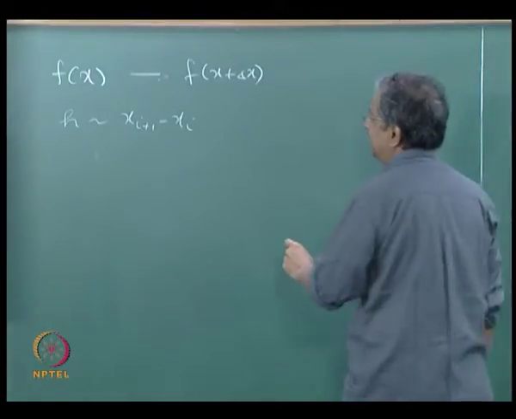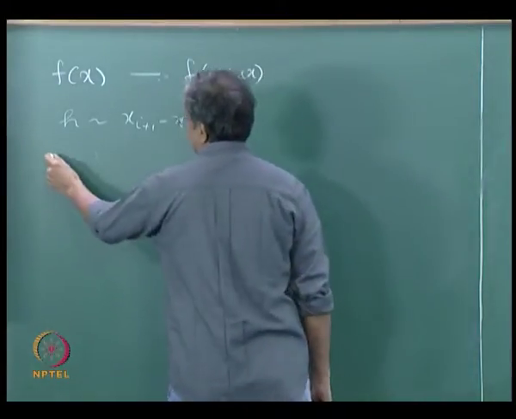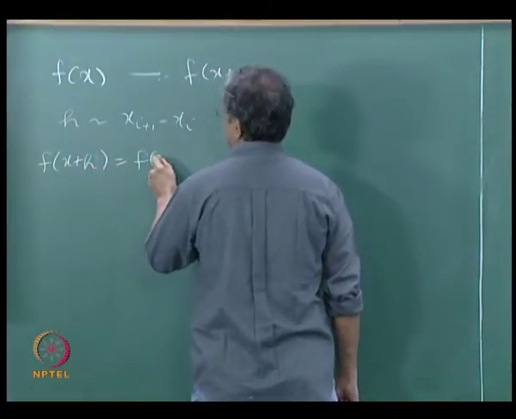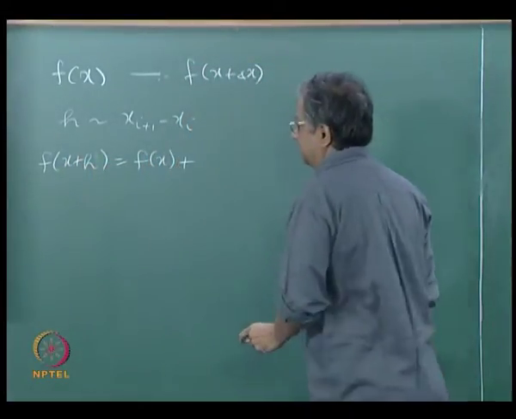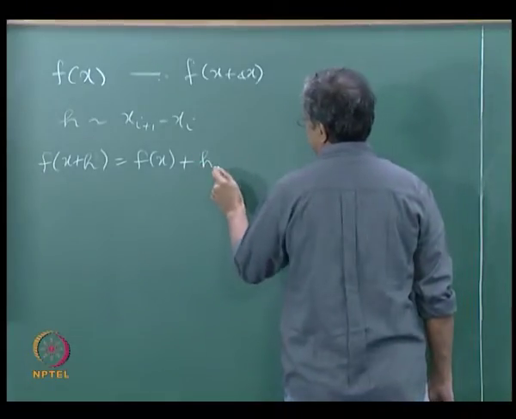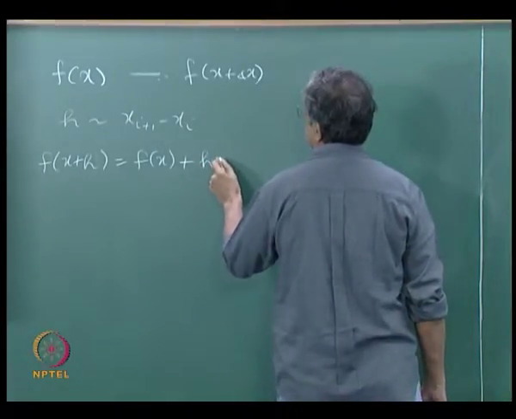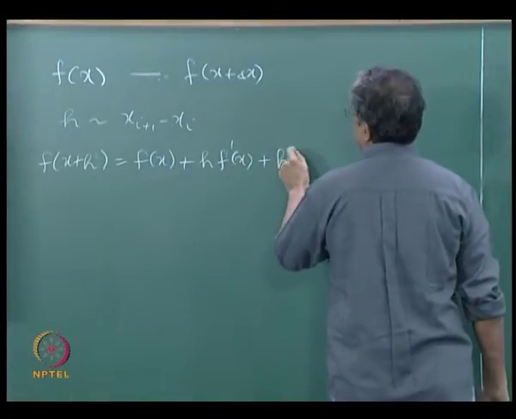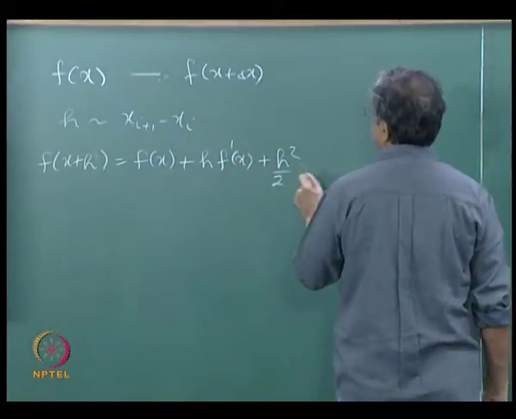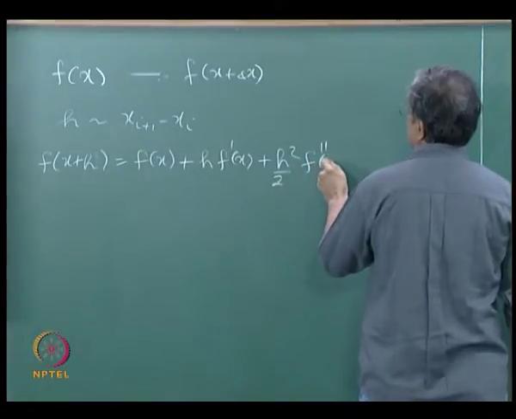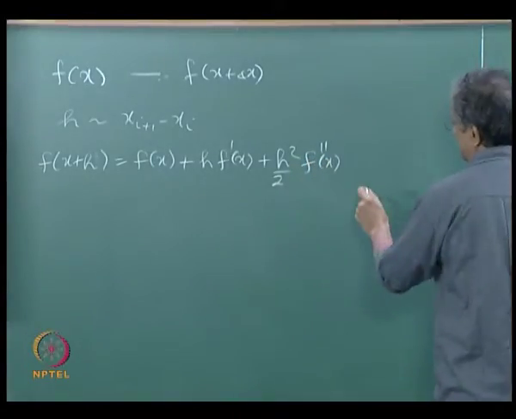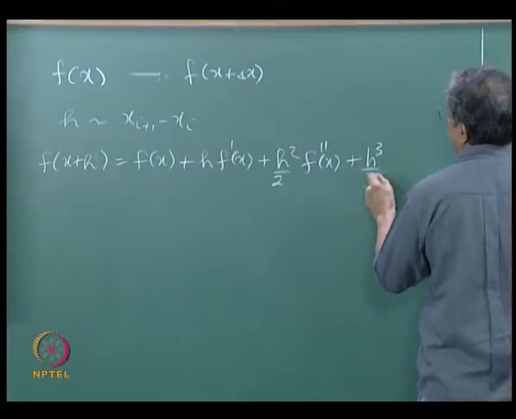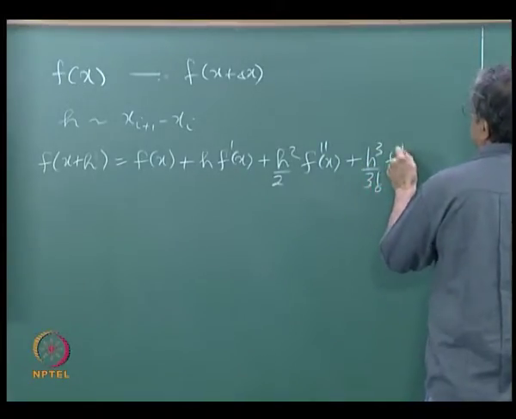So I will write f of x plus h is f of x plus h times the derivative f prime of x plus h squared by 2 factorial times the second derivative of x, and so on, plus h cubed by 3 factorial times the third derivative.